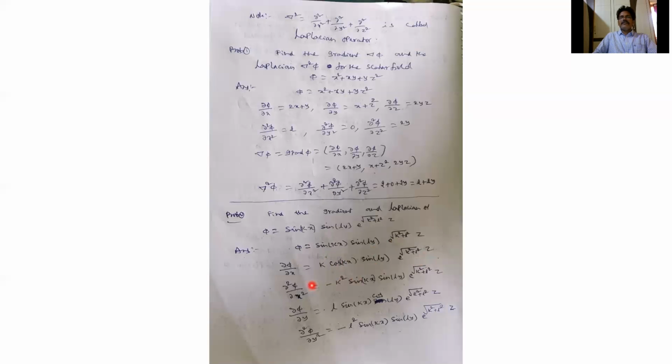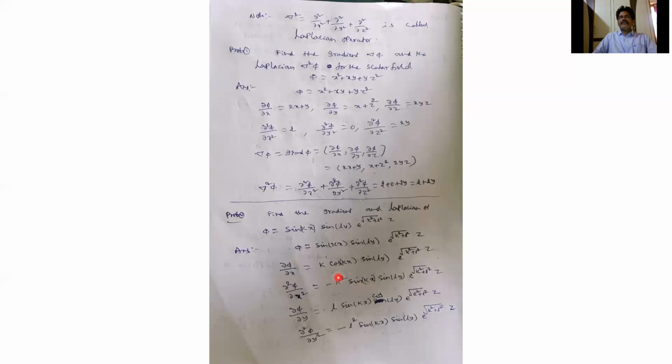Again differentiate with respect to x partially, and we get ∂²φ/∂x². The derivative of cos kx is minus sin kx, and for kx it is k.